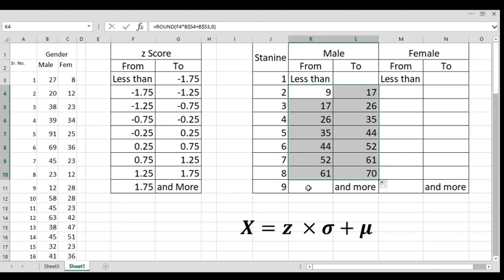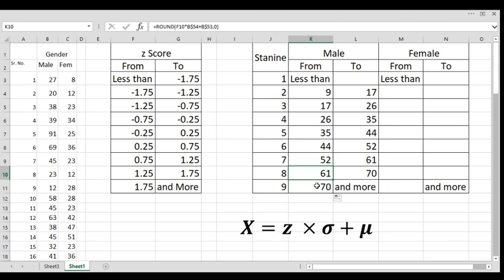Only the problem is that the starting point of 9th stanine is not found. No problem. We have found the starting point of 8th stanine in K10. We will make it active, then drag it downwards.